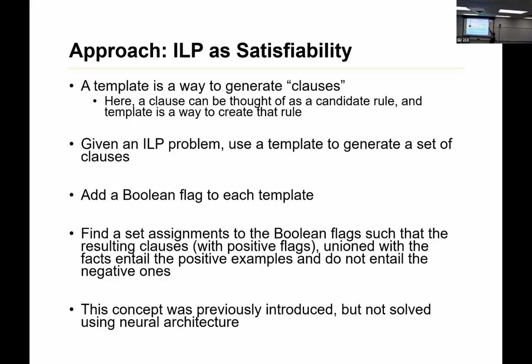And so what we do is, with each clause generated from one or more templates, we tack onto that clause one more ground atom, and that's a flag. We don't consider any constants or variables with this ground atom. We just treat it propositionally, or as a predicate with no arguments.